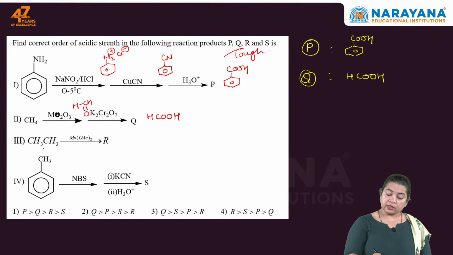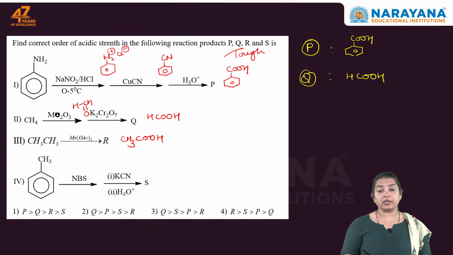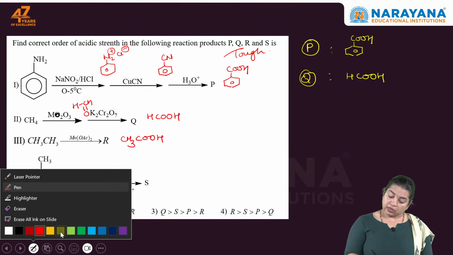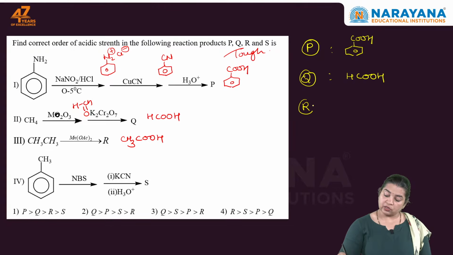Okay, next, ethane is treated with manganese acetate, again R. Now all these reactions are given in NCERT, whether you have 11th NCERT reactions of alkane, their oxidation, or you can go to 12th NCERT where the preparation of carboxylic acids is, that portion you will find all these reactions there.